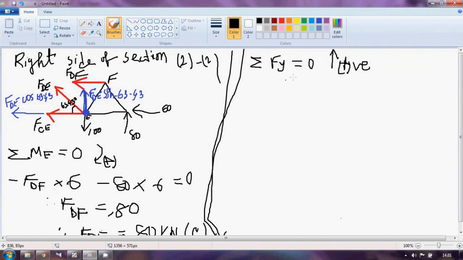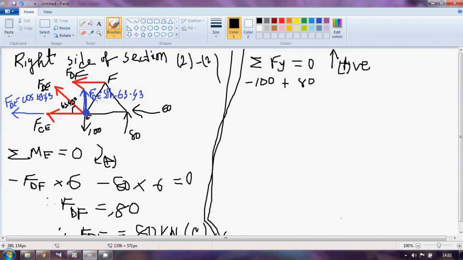So if you take summation Fy equal to 0, what will happen from this free body diagram? This member force minus 100 will come, this plus 80 will come also. I have to take the member force which is acting in the positive y direction. If it is acting in the positive y direction, then it will be positive.